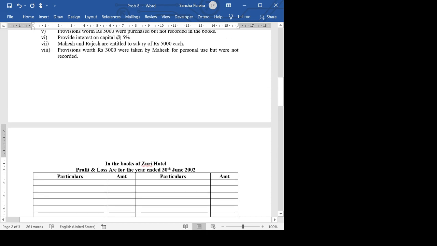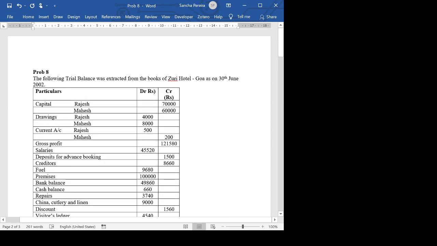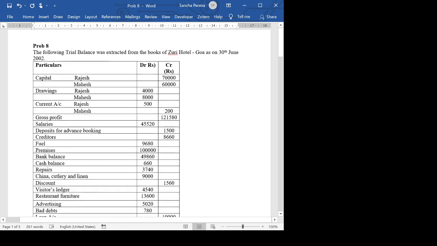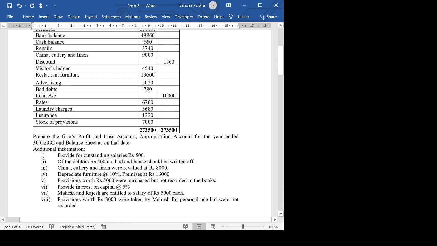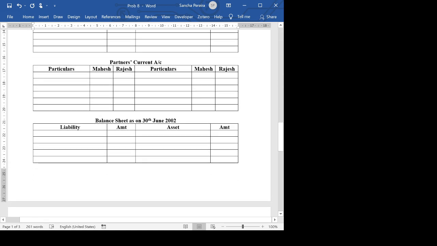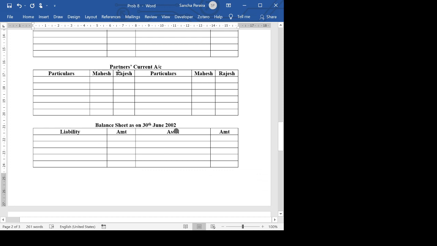We'll start with the items. We have capitals first. Now, since there are current accounts, the capitals are going to remain fixed. So, directly to the balance sheet, 70 and 60. Rajesh is given first.